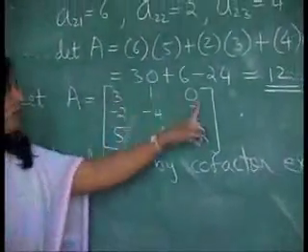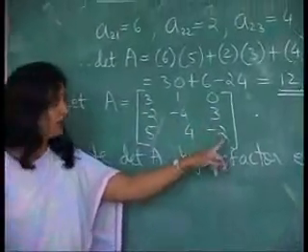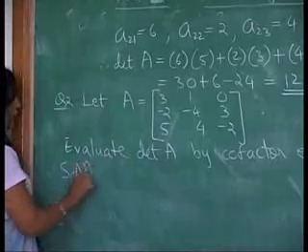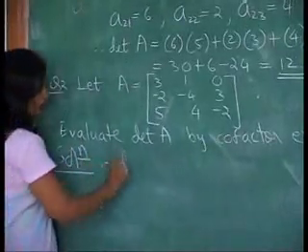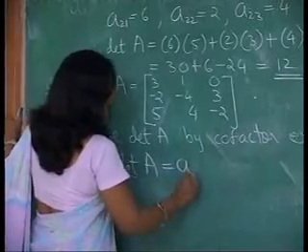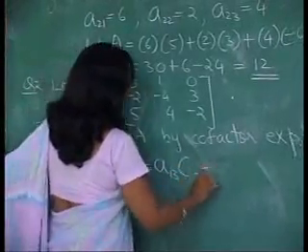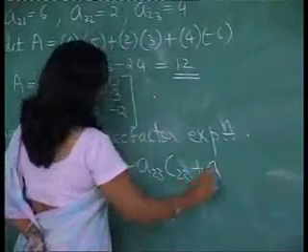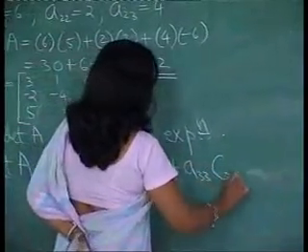So either the first row or the third column should be advisable in this problem. I'll go for the third column. So if I use cofactor expansion along the third column, I'll get determinant of A to be A13, C13, plus A23, C23, plus A33, C33.